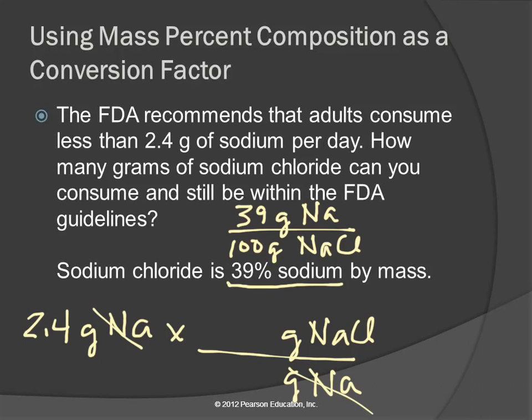So that means that 39 goes on the bottom, 100 goes on the top. 2.4 times 100 divided by 39. 2.4, 2 sig figs, 6.2 grams of sodium chloride.